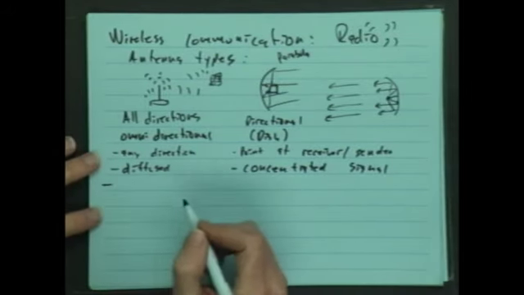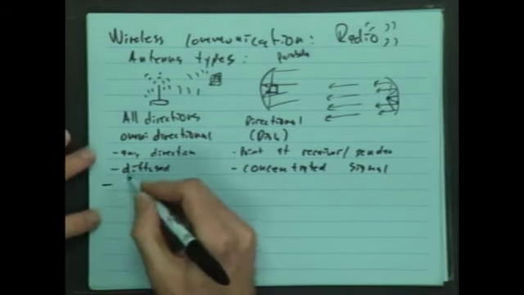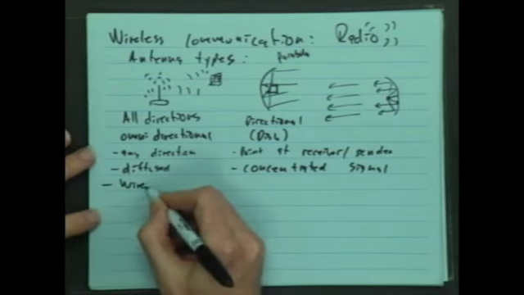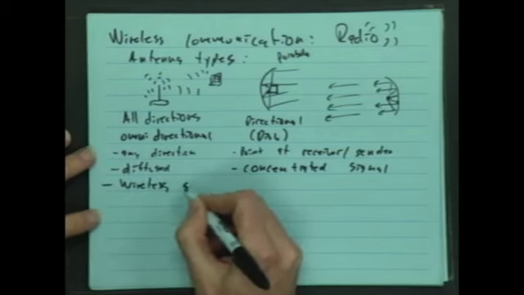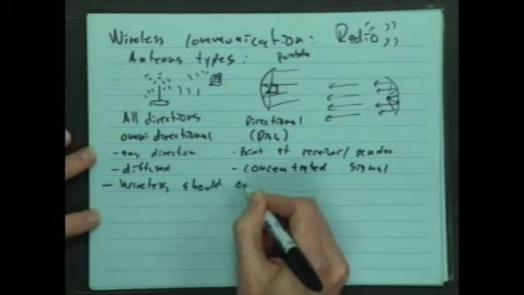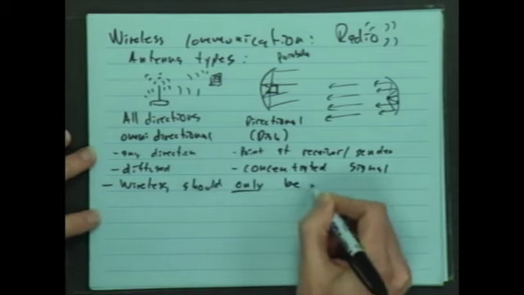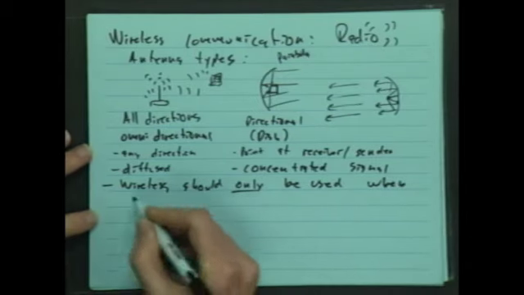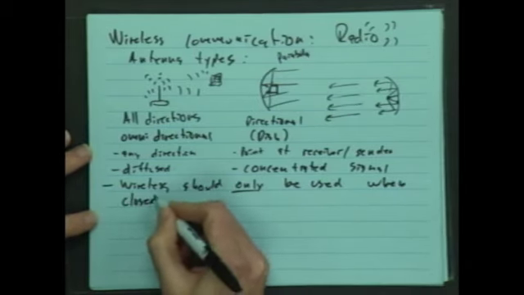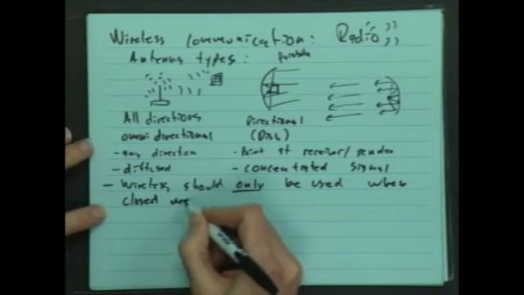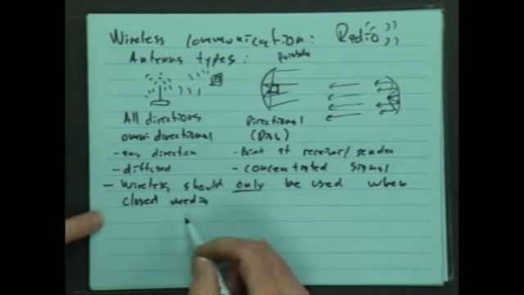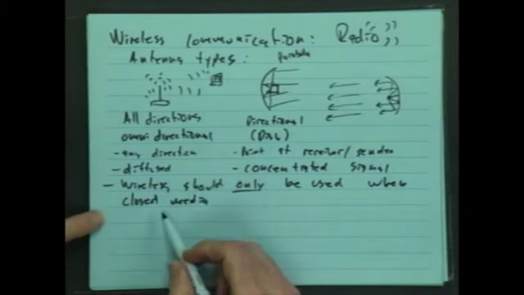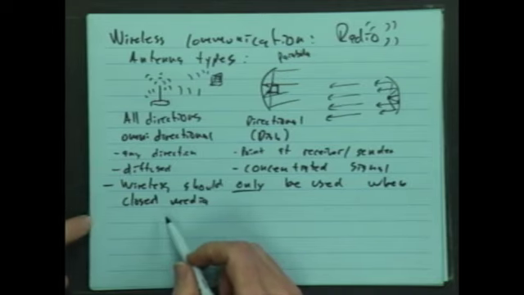Speaking of going in all directions, generally speaking, wireless stinks. This should only be used when we'll call closed media. Closed media is fiber, unshielded twisted pair, where the signal stays inside the cable.